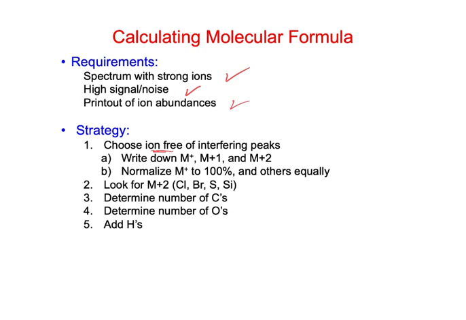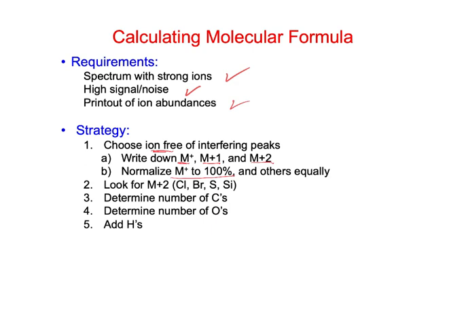We're going to write down M plus, M plus 1, and M plus 2. So we're just going to make a little table, write in the abundances, and then normalize the M plus to 100%, and the other ions proportionally.